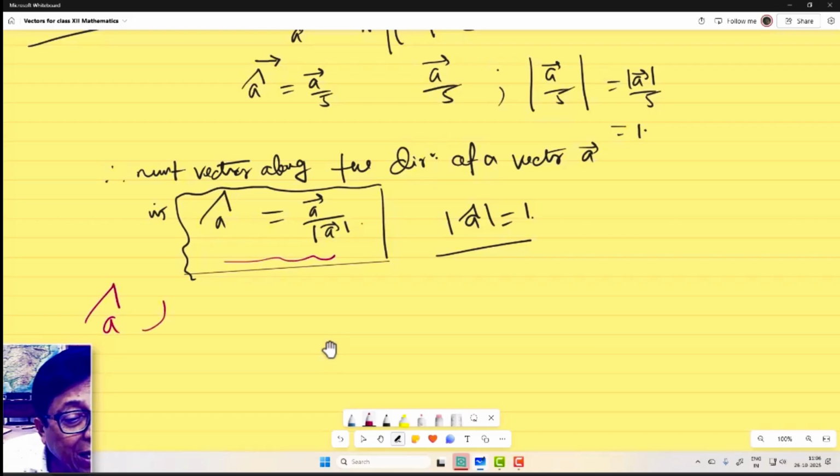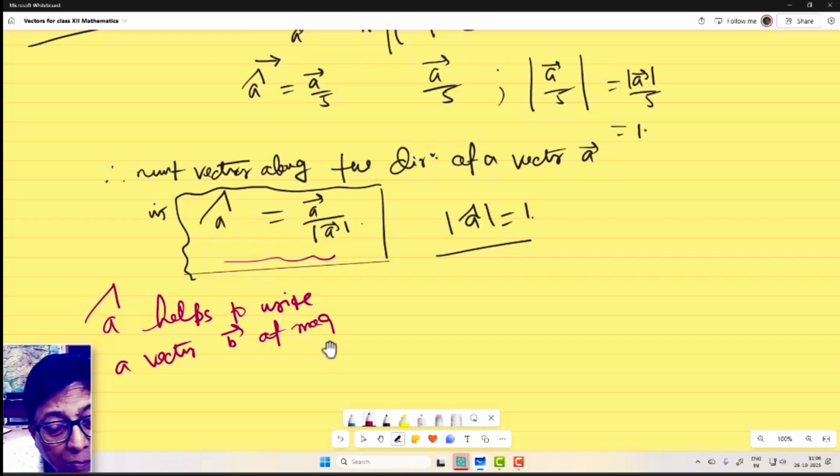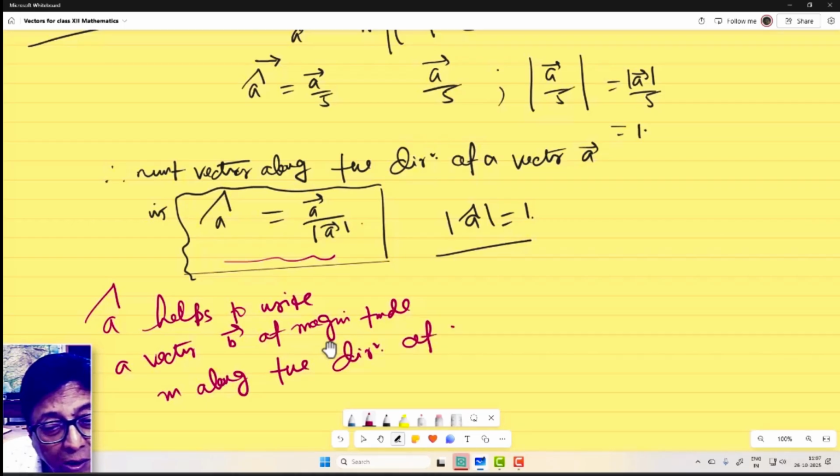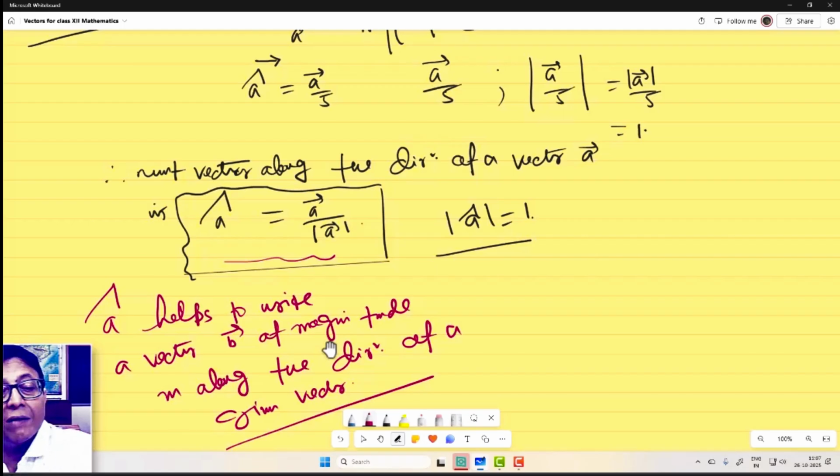A cap helps to write a vector B of magnitude m along the direction of a given vector. A cap helps to write a vector B of magnitude m. M is any.